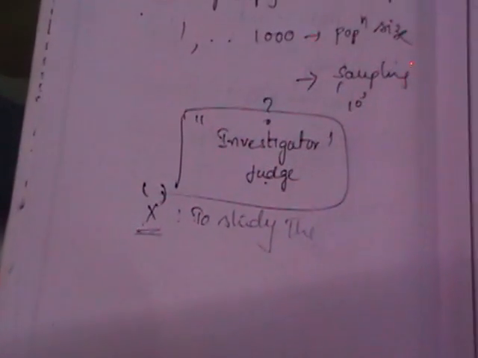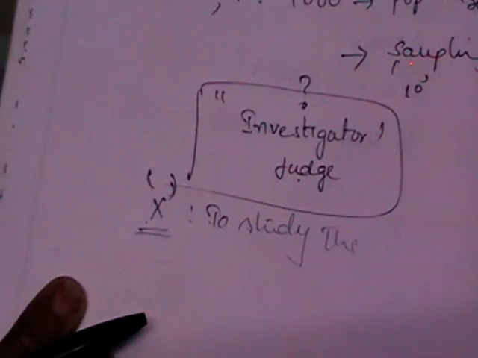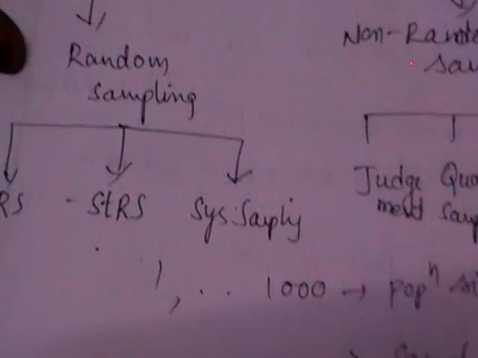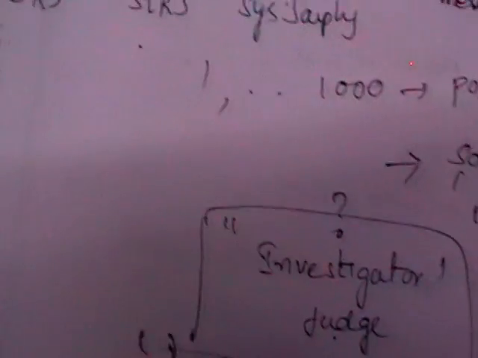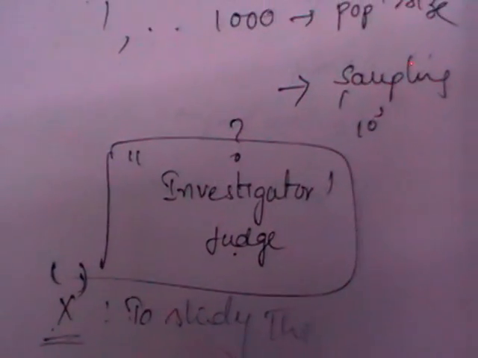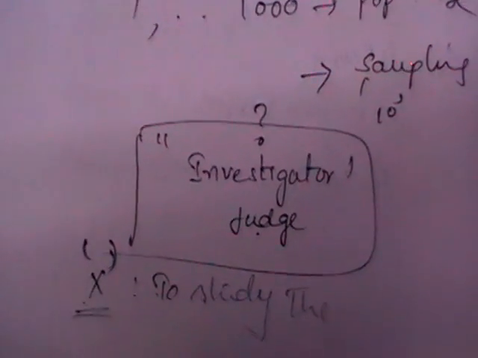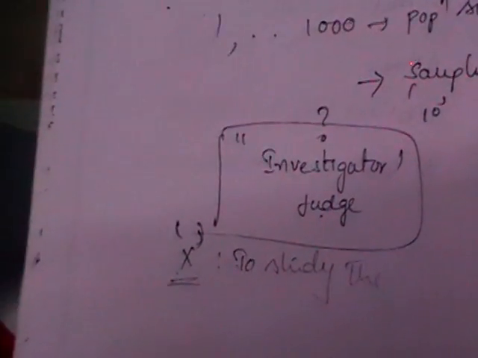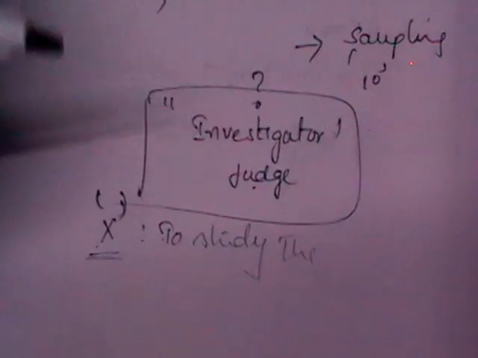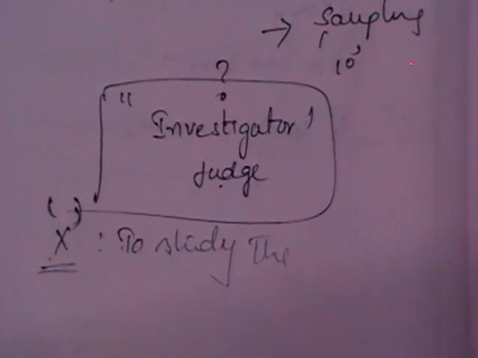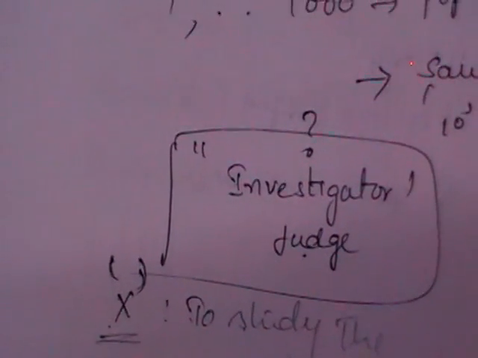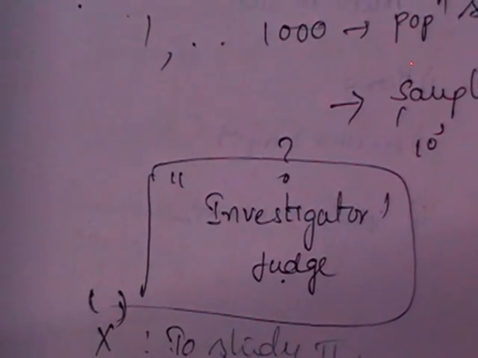If the investigator or the judge is not willing to visit the low income people, and wants to visit only the higher income families in the city, then he is going to collect the data only from that particular sector of the society or the city. Then if we draw conclusions depending upon this sample, he concludes that the average income levels in that city are good or above the average.